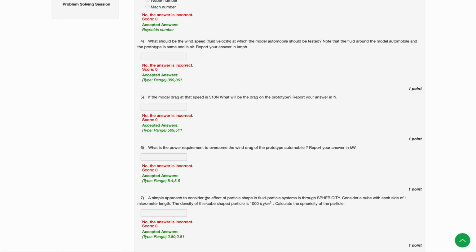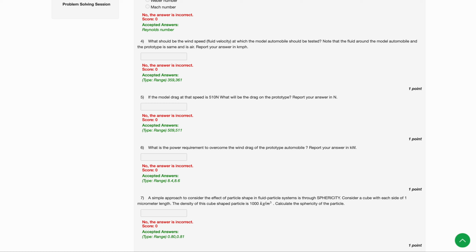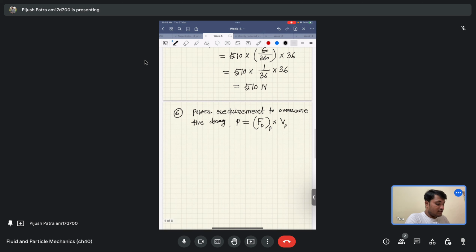So the power requirement to overcome the drag: P is equal to the drag force in the prototype into velocity of the prototype, as simple as that.